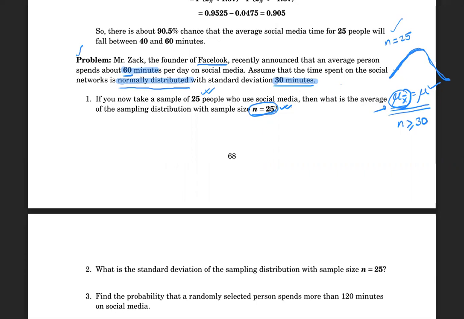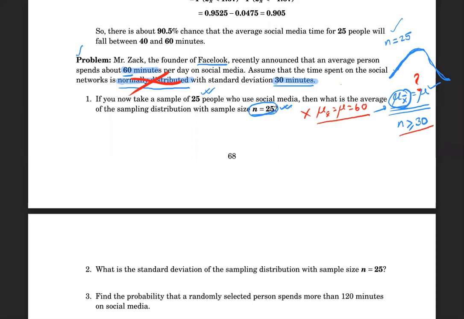If I were not to say this statement, normally distributed, in that case, you could not use this. You could not say that mu sub x bar is equal to mu is equal to 60. You could not say that because it is not guaranteed to be true unless the sample size is greater than or equal to 30.